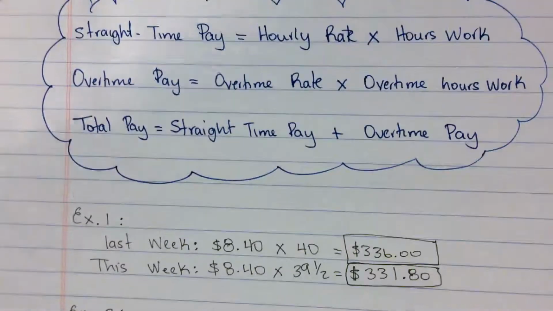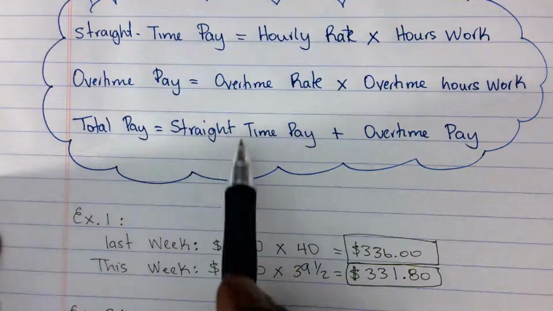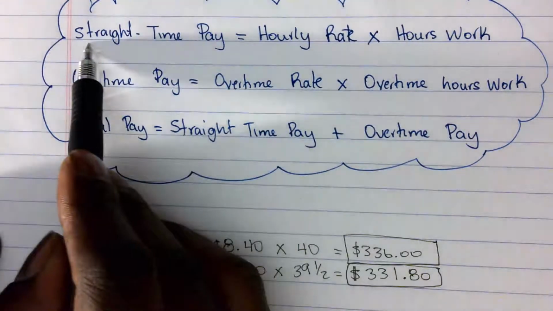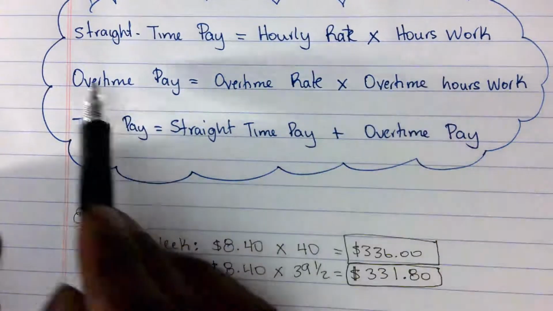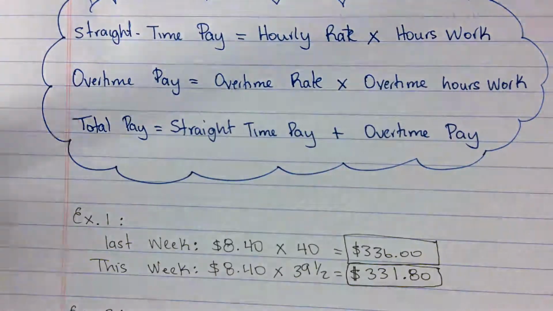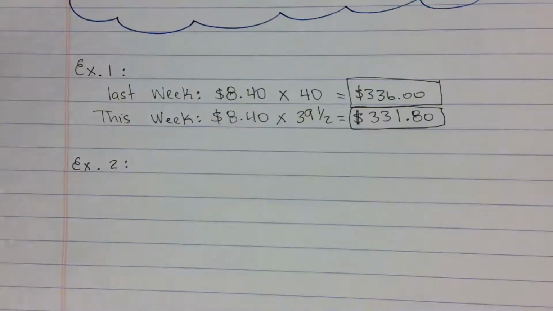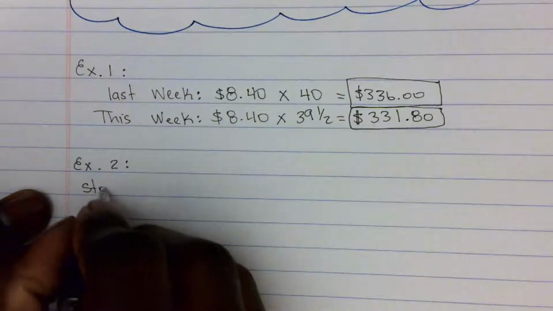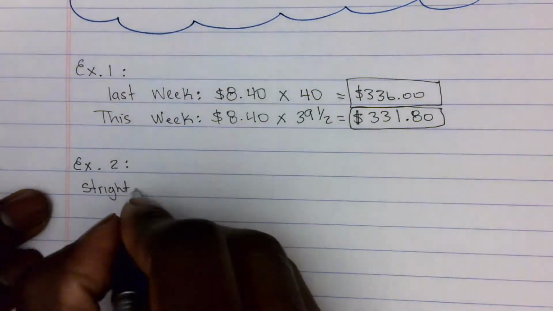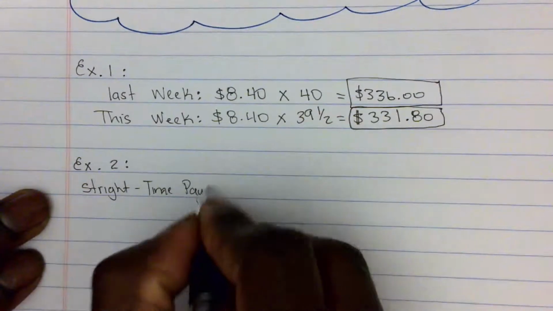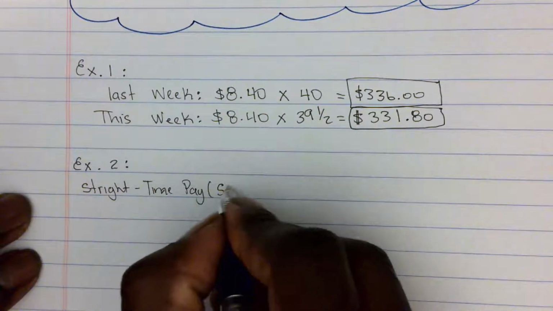In order to find the total pay, I need to find the straight time pay and the overtime pay. I'm going to use this formula to find the straight time pay, this formula to find the overtime, and then add these two answers. First, let's find the straight time pay, which you might see me refer to as STP.